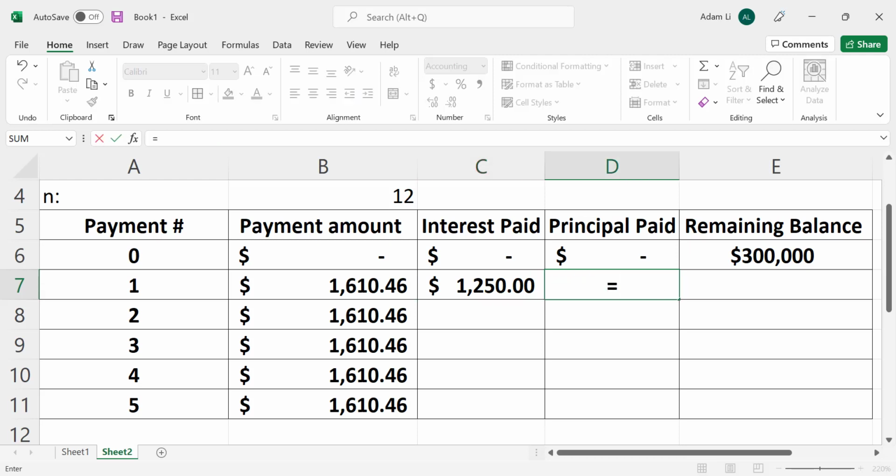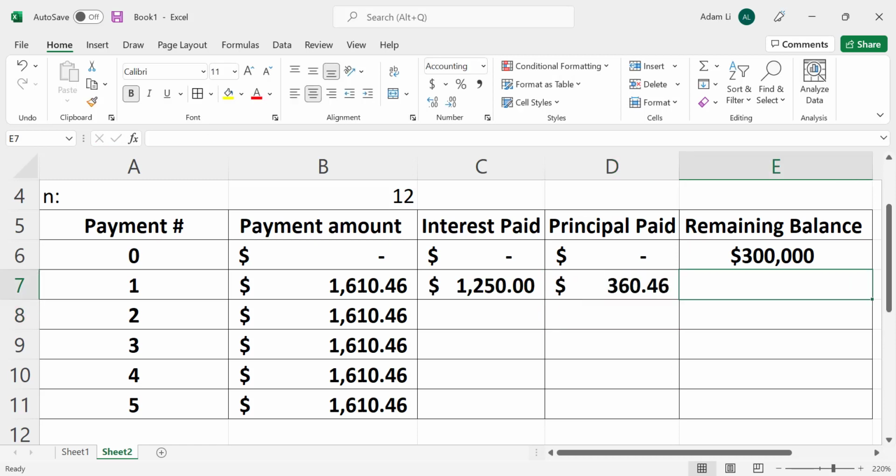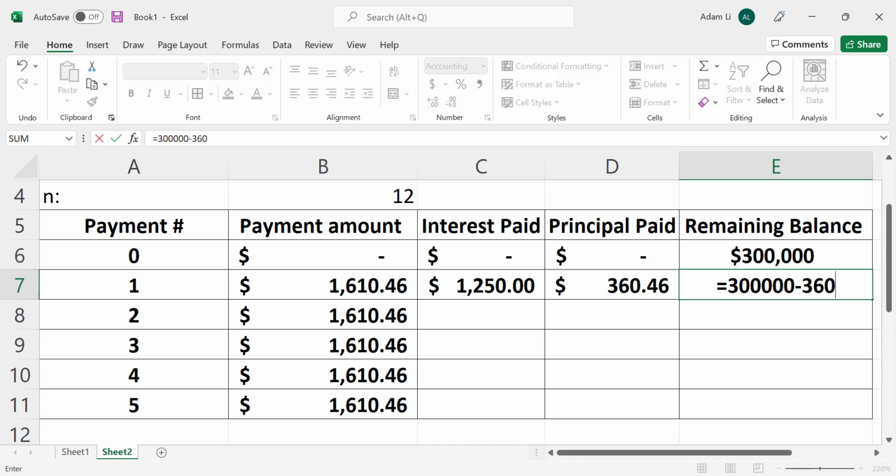So the principal paid here will be the difference, total payment minus interest paid. So it's always easier to find out interest paid first. That's $360.46. Now remaining balance is going to be 300,000, older balance minus principal paid. So principal paid is used to reduce the remaining balance.